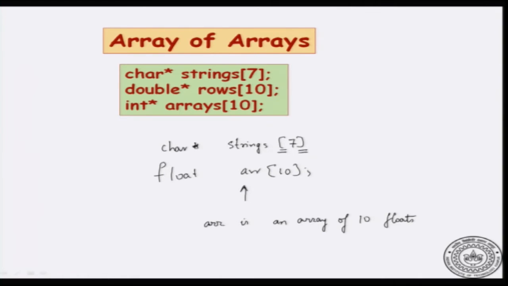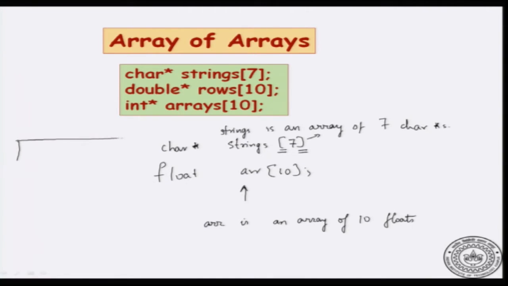So, this would actually be read as strings is an array of 7 character stars. Okay. So, that is how it would be read, because 7 would bind closer to strings. So, strings will become an array of size 7, and what type is it? It is character star. So, you replace float with character star and it is roughly the same phenomenon.